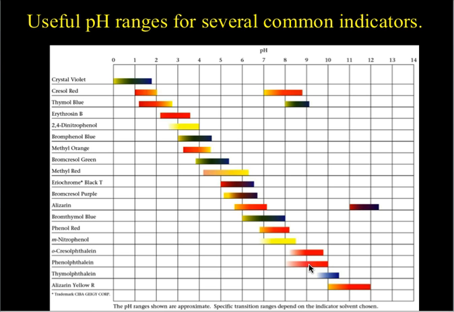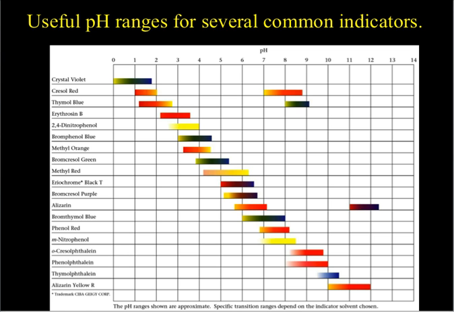But if you used a strong acid and a strong base titration, really any of these indicators from methyl orange all the way down to phenolphthalein would be acceptable indicators to use for that titration because of the rapid change in pH.